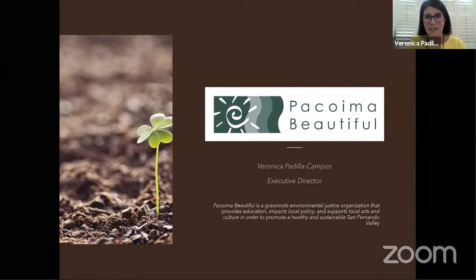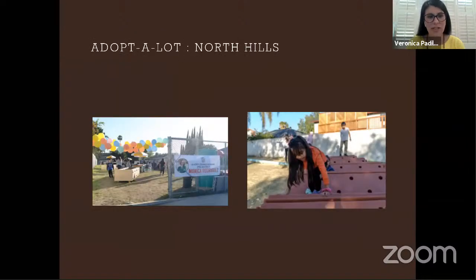So if we can go to the next slide. These slides are full of pictures of our projects. This is Adopt a Lot in North Hills. This is a motion that Councilwoman Monica Rodriguez put together to really ask the city to use underutilized vacant parcels around communities. This particular parcel in North Hills was one of the first ones, and Pequena Beautiful was privileged to participate in this collaborative effort and really engage the community around the vacant lot to see what they would like to see here.